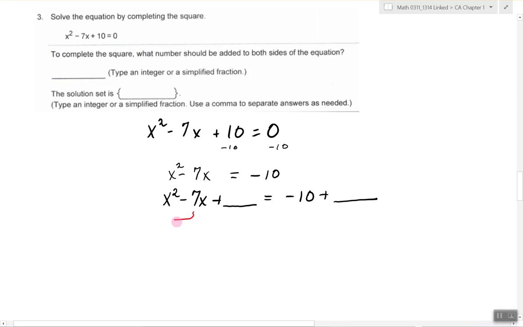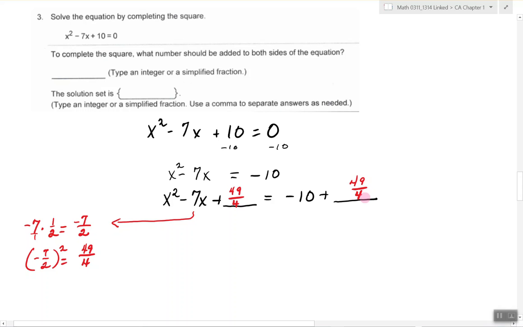Take negative 7, take half of it, don't use decimals, leave it as negative 7 over 2, because remember that 7 is over 1. Take negative 7 over 2, square it, positive 49 over 4. So I will add 49 over 4, 49 over 4.